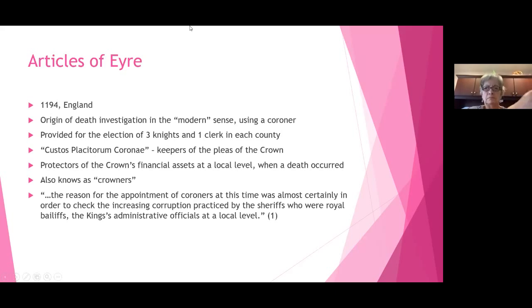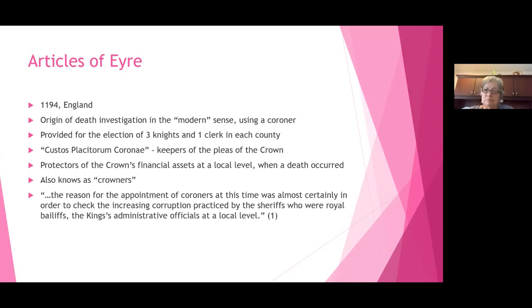So going way, way back, the Articles of Eyre in 1194 England are considered the origin of death investigation in the modern sense, using a coroner to try to figure out what exactly killed you. The articles provided for the election of 3 knights and 1 clerk in each county, and they were keepers of the pleas of the crown, or custos placitorum coronae, forgive my pronunciation perhaps.